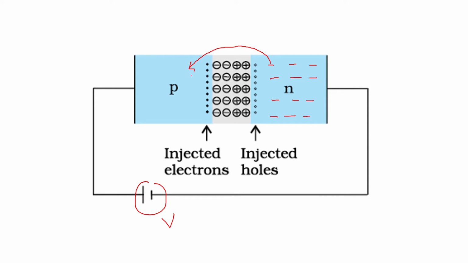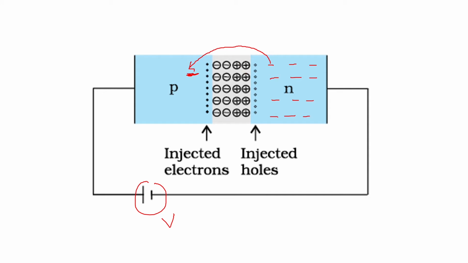Once they go to the P side, they are minority charge carriers in the P side. That means they are pushed to the P side, they cross over to the P side. But in the region of P, these electrons will be minority charge carriers.